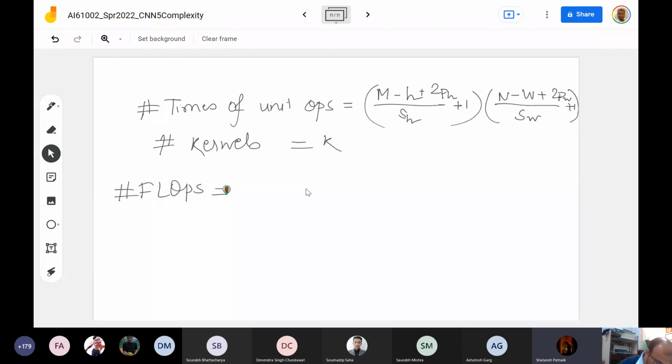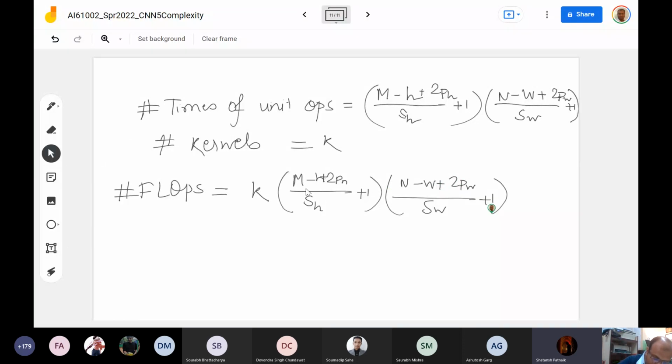My number of flops is going to be K times (M minus H plus 2pH)/SH plus 1 times (N minus W plus 2pW)/SW plus 1 times CWH. Sorry, there will be a 2 which comes down over here. Okay, so you can pretty much reorder them and write it as.